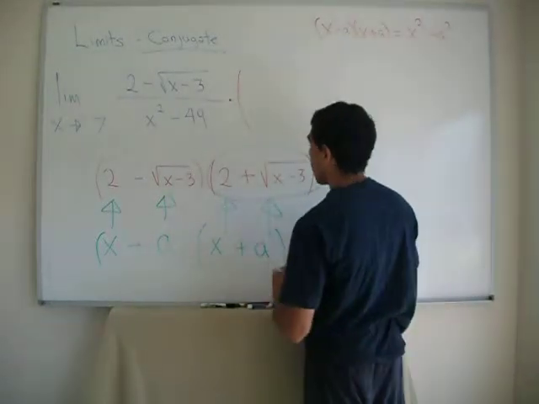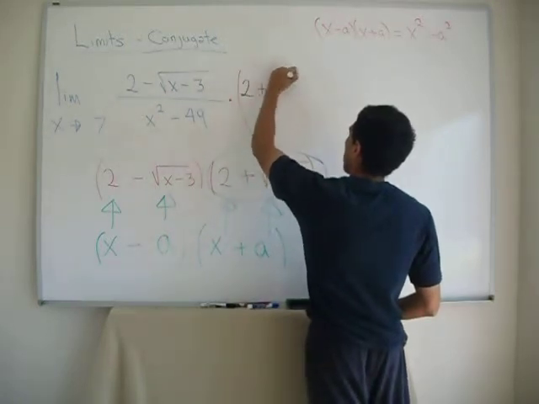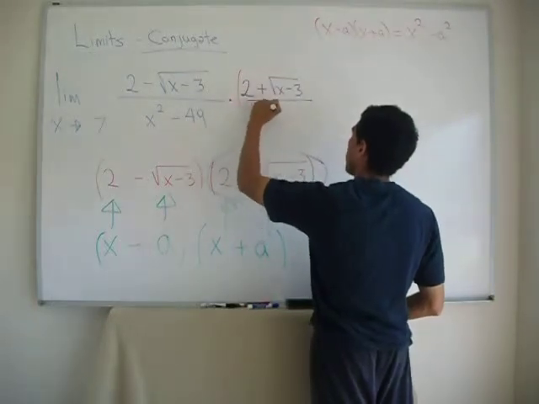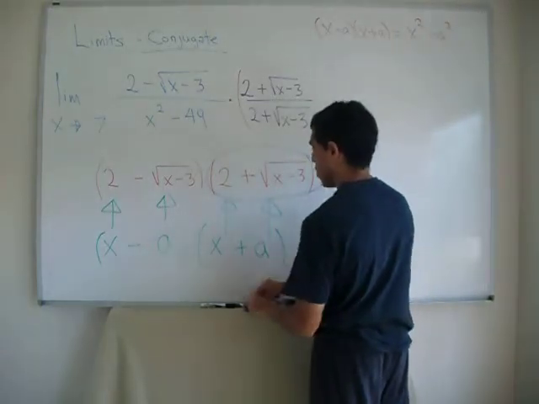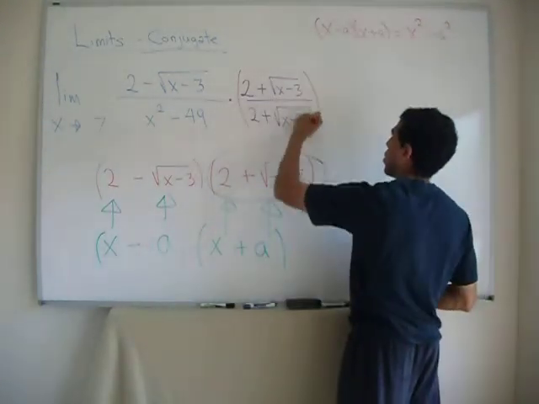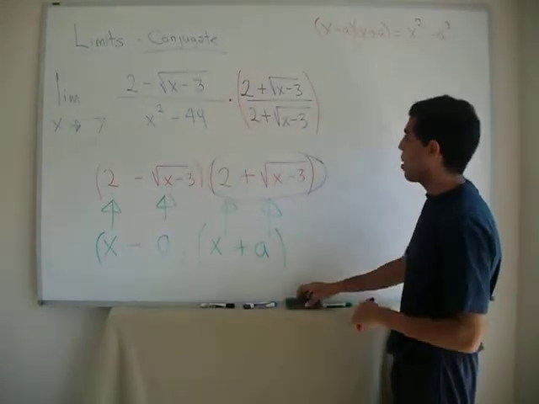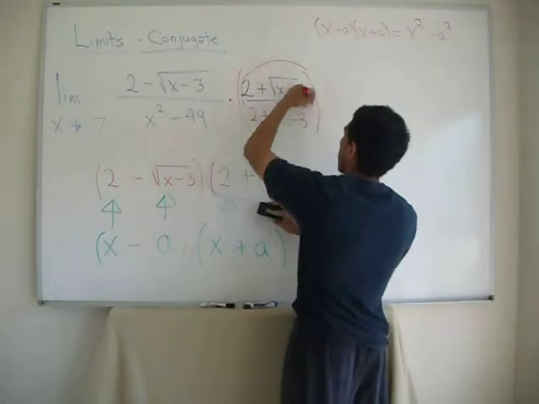So we're going to have 2 plus square root of x minus 3 over 2 plus square root of x minus 3. We just multiply by 1. And this one right here is what we refer to as the conjugate.